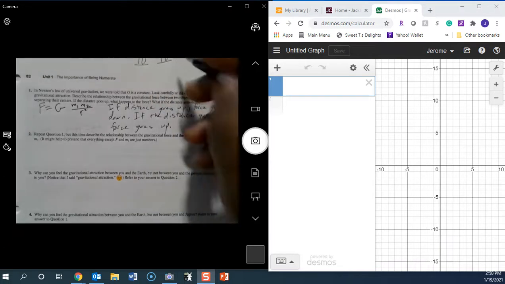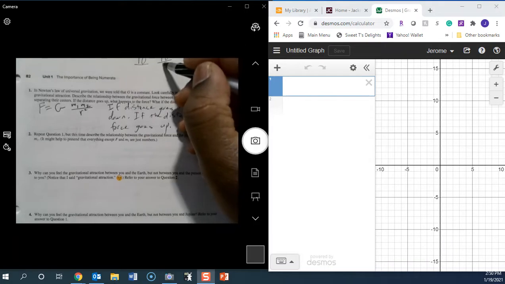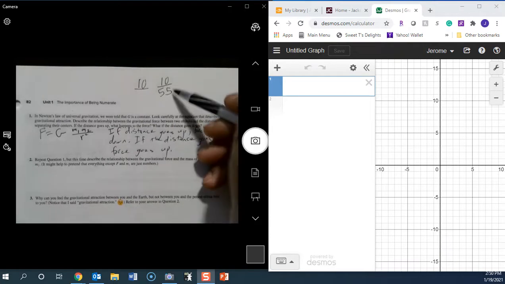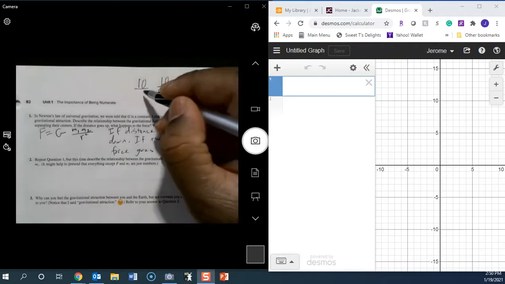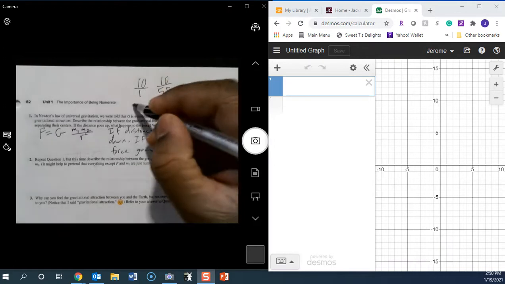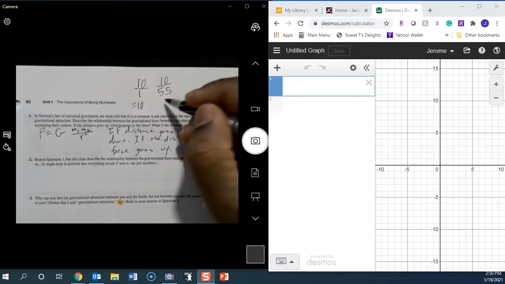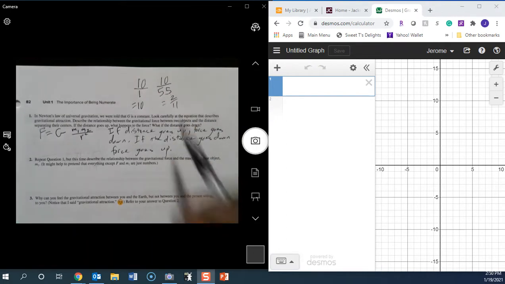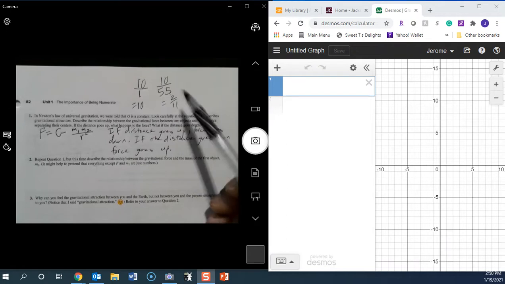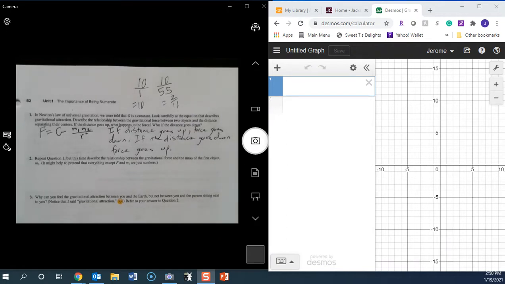If our denominator is high at 55, but then we make it go low, which is 1, which one will end up yielding the higher value? 10 over 1 is 10. 10 over 55 will give us a fraction of 2 over 11. So as the denominator gets smaller, the value gets larger. As the denominator gets larger, the total value gets smaller.